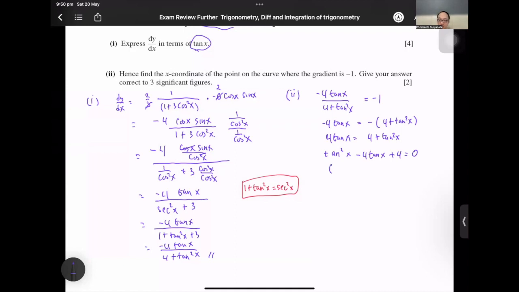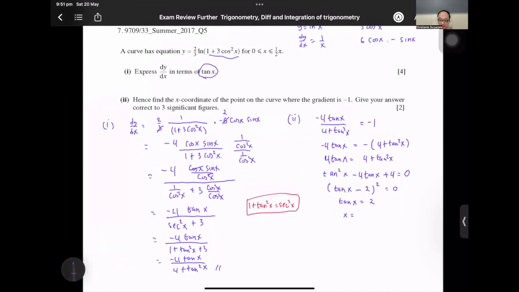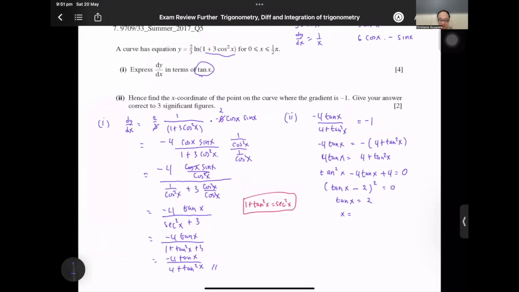So this can be reduced to (tangent x minus 2) square equals 0. So tangent x equals 2. So x equals, put in the calculator tangent inverse of 2 in radian mode. Don't forget to change your calculator into radian.